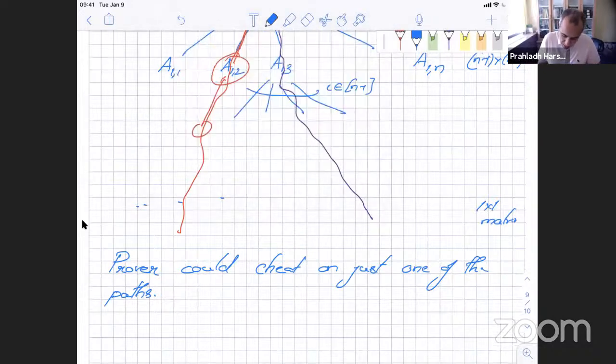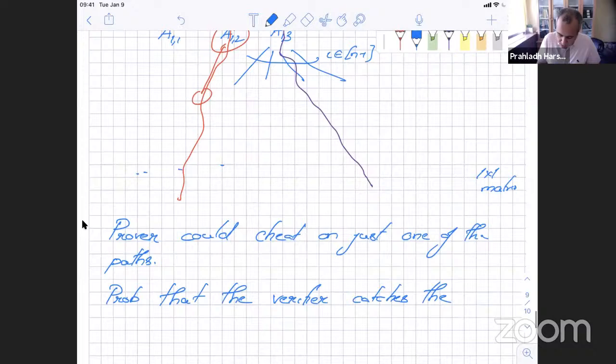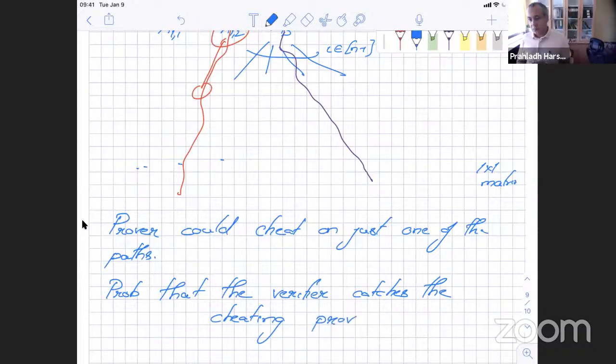So the probability that the verifier catches the cheating prover is 1/n!. So with probability 1 minus 1/n!, the verifier will accept.